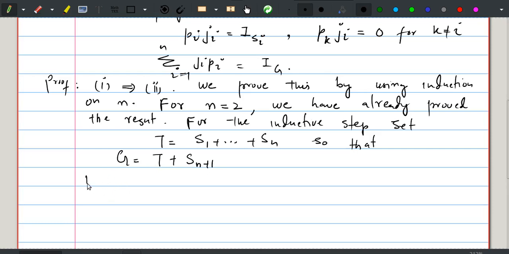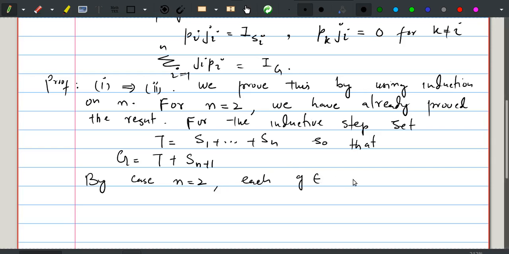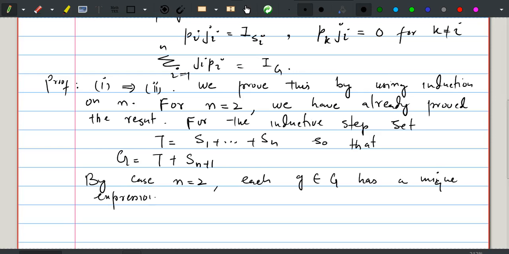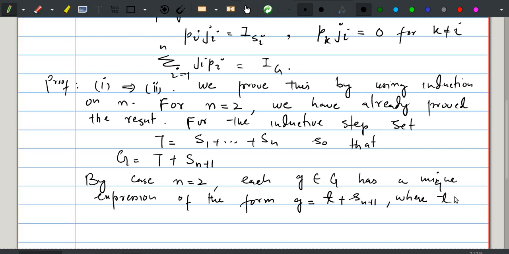Now by case n equal to 2, each g in G has a unique expression of the form g is equal to little t plus little sn plus 1, where t is in T and little sn plus 1 is in big Sn plus 1.